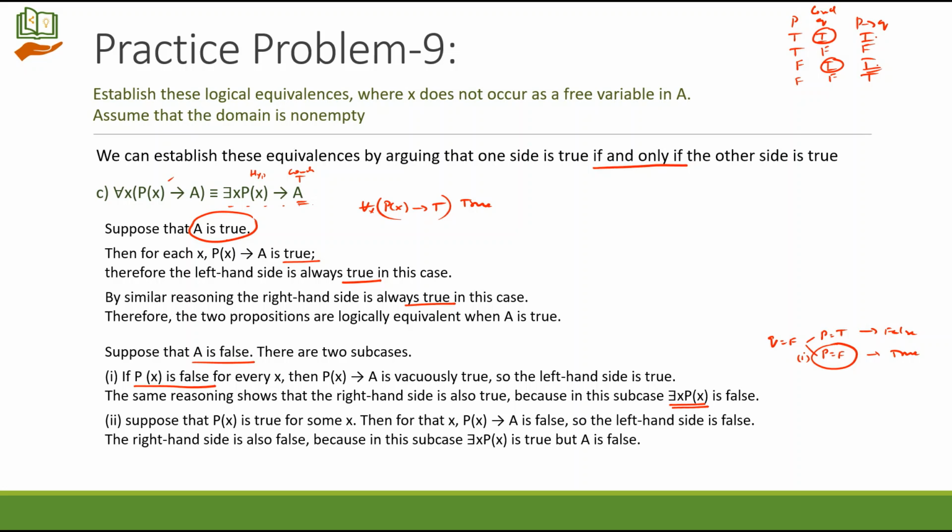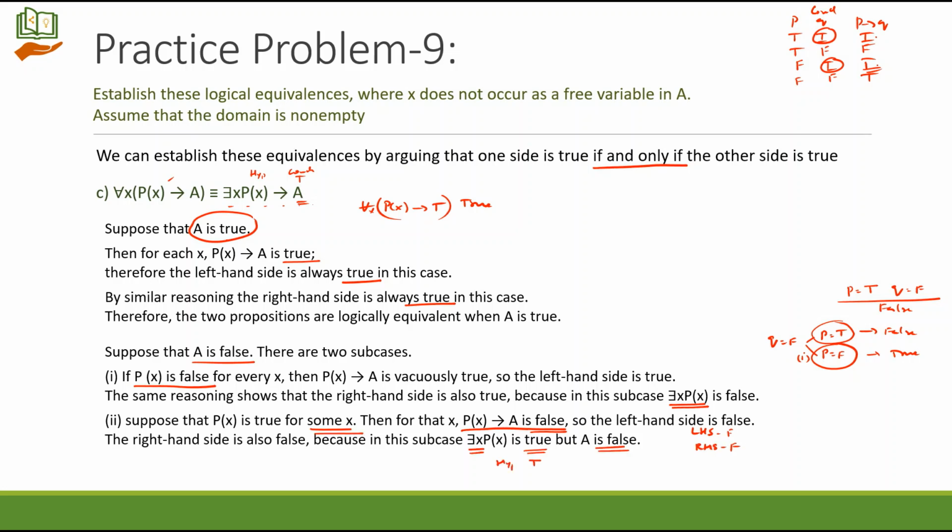Now let's go for the second case where P of x is going to be true. Suppose that P of x is true for some x. Then P of x implies A will be taken to be false, because when the hypothesis is true and the conclusion is false, we end up with false in implication. Using this particular false value, we can conclude LHS is false. The right hand side is also false because we know P of x is taken to be true.